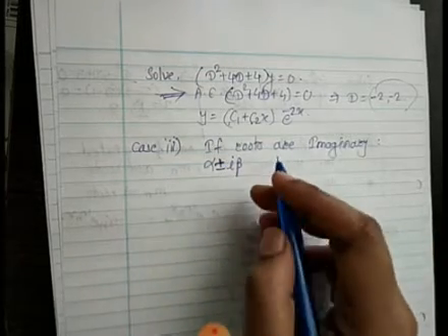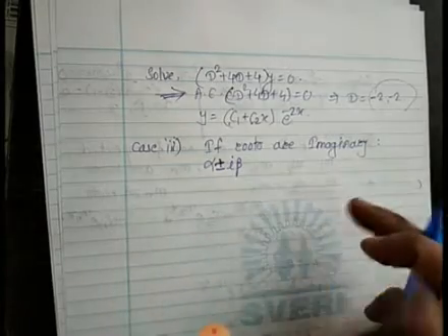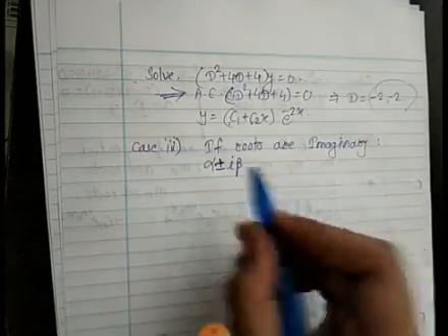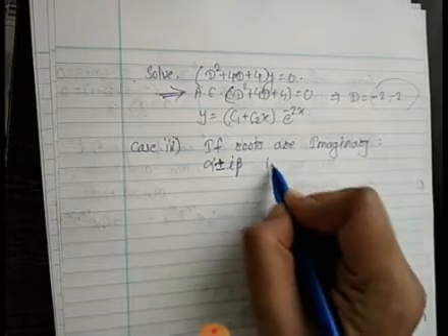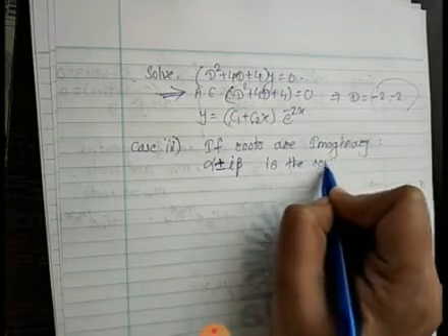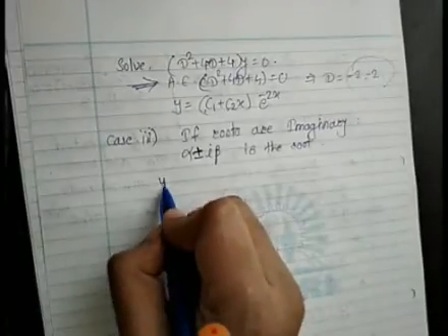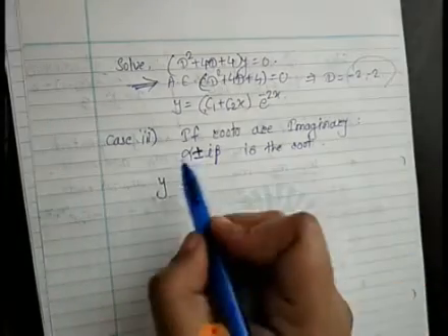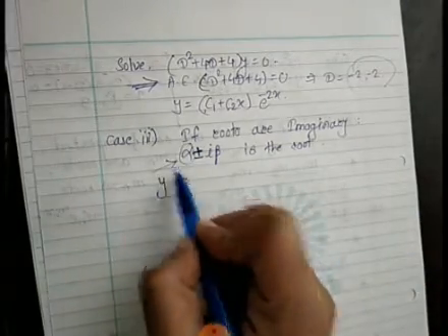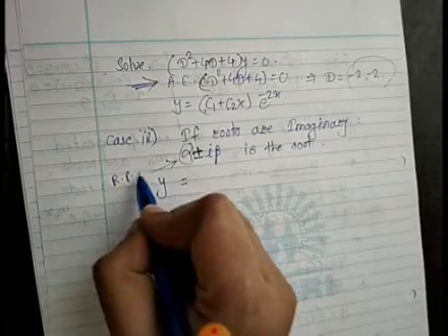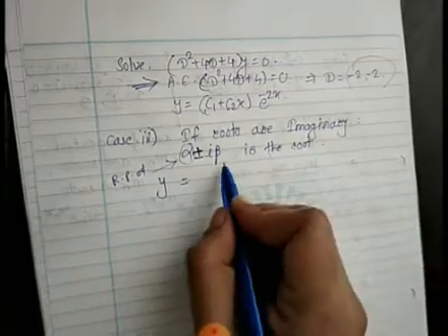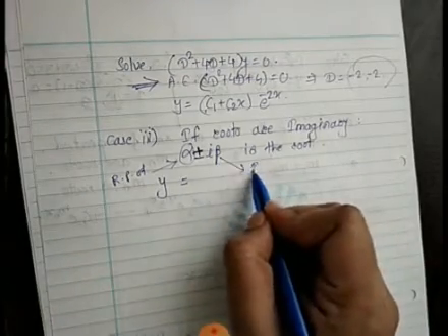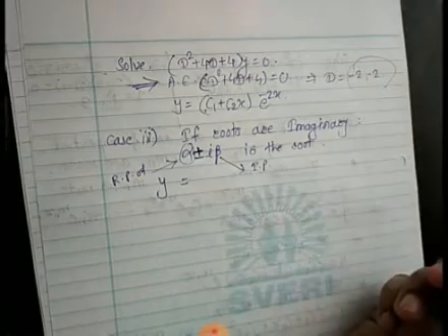It is always 2 plus minus 3i. They are a conjugate pair together. So if alpha plus minus i beta is the root, then the solution y can be written as follows. That alpha is called the real part of the complex number and beta is called the imaginary part of the complex number.